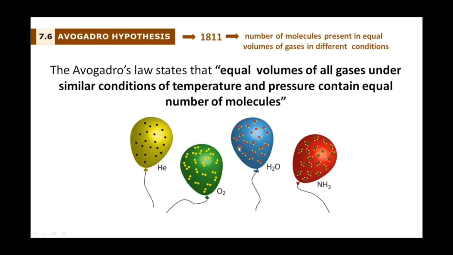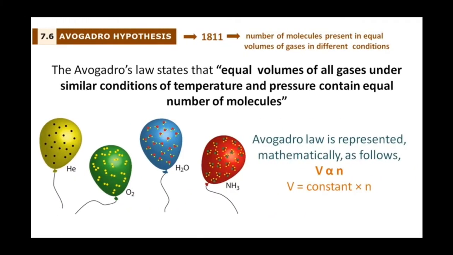If the number of molecules increases, then the volume will increase. For example, if you have 10 balloons, they will occupy lesser space, and you can place them in a small container.